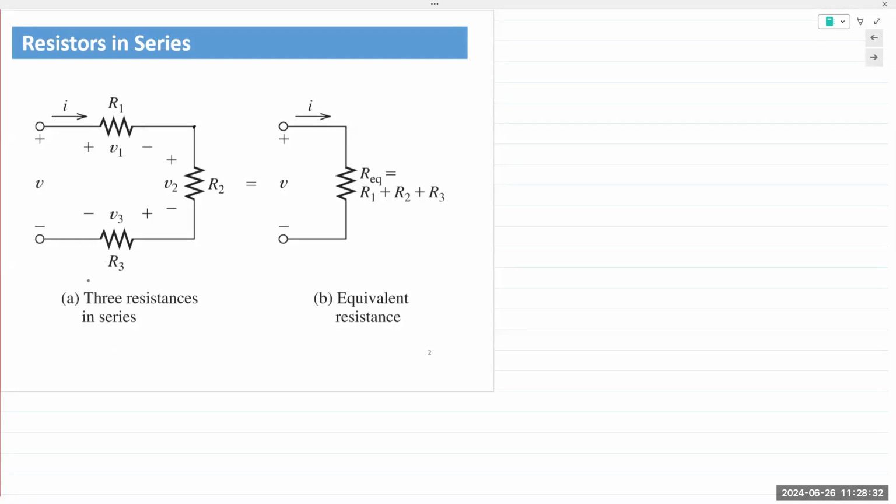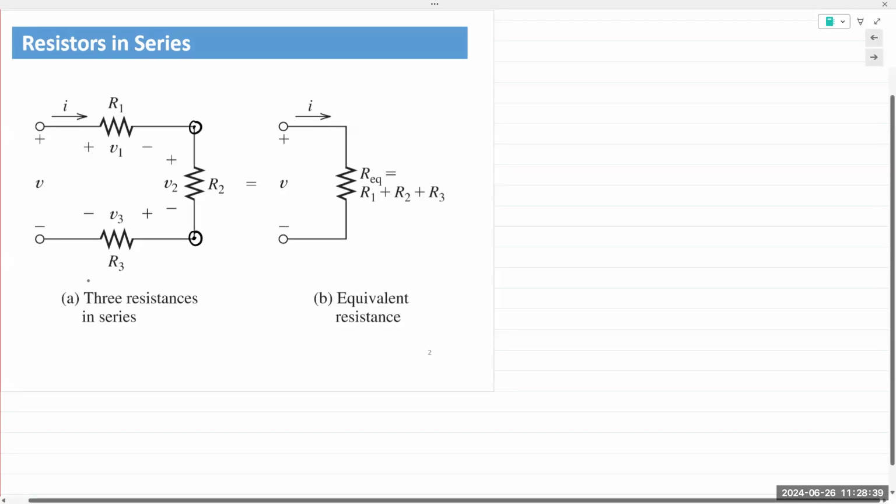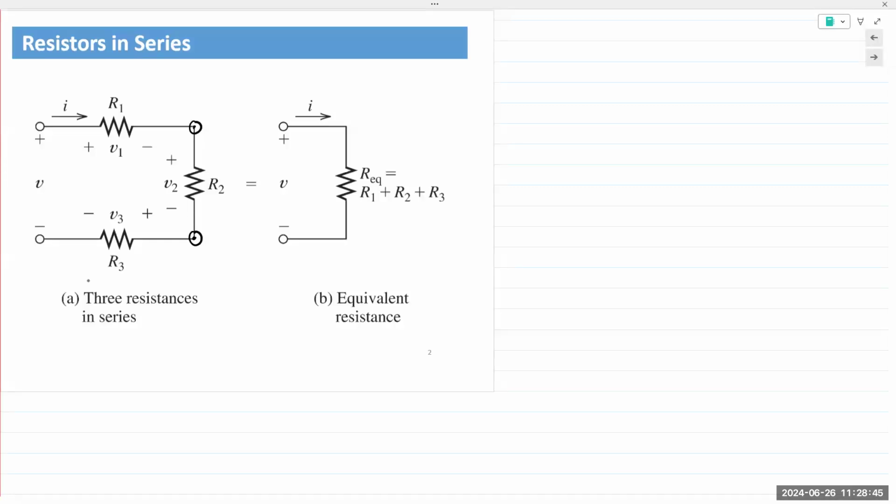We can take a look. R1 and R2 are connected at a single node. R2 and R3 are also connected at a single node. There are no more than two connections at each one of these nodes. And so we can state, actually, let me draw it out here.